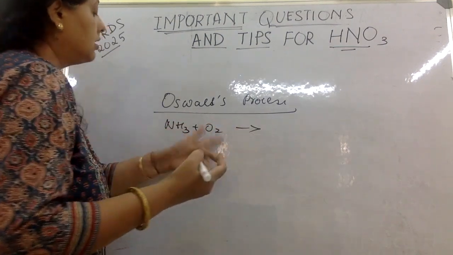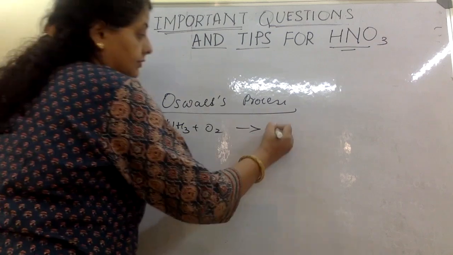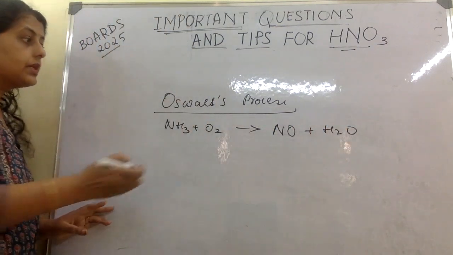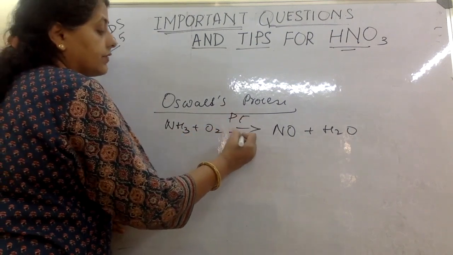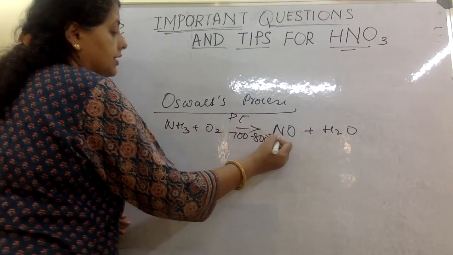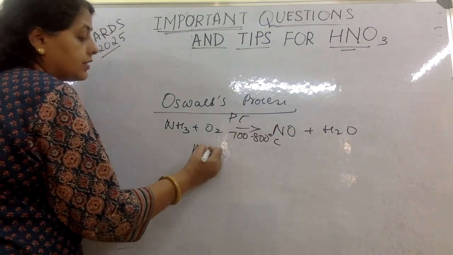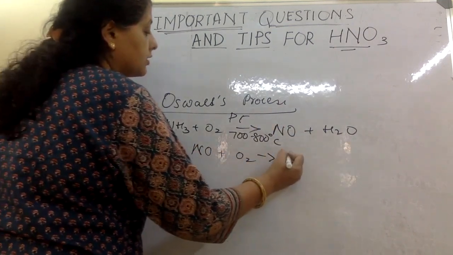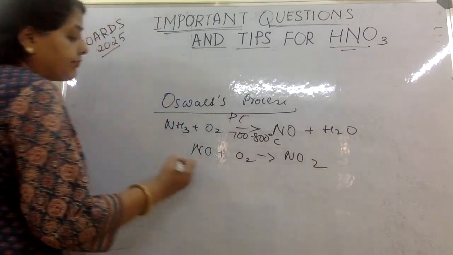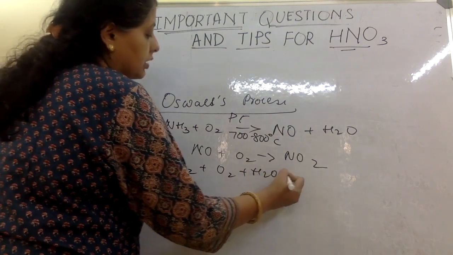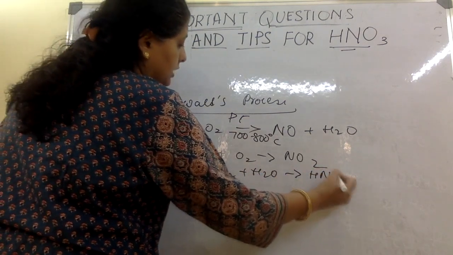We just oxidize this, forming nitric oxide plus H2O. You can balance it later. Platinum catalyst, 700 to 800 degrees centigrade. This is my first equation. NO is oxidized further to form NO2. Now NO2 plus O2 plus H2O will give the HNO3 that we want.